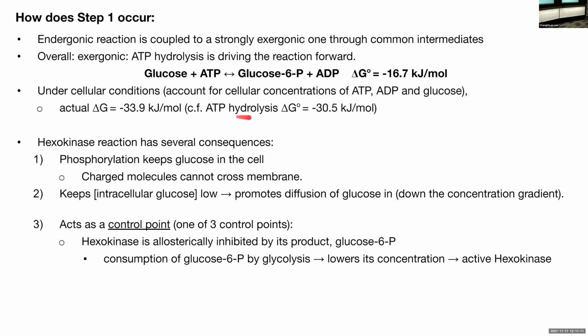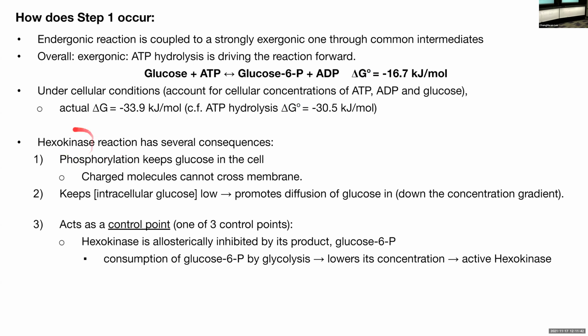The delta G naught for ATP hydrolysis is -30, and it was considered a highly spontaneous process, which is why this molecule is called a high energy compound. The delta G for this reaction is even smaller than for ATP hydrolysis, so it's going to go really fast. So this process has to be regulated, and that happens at the level of the enzyme hexokinase.